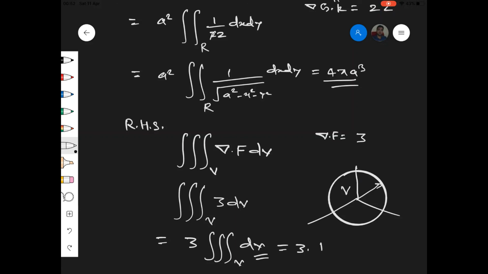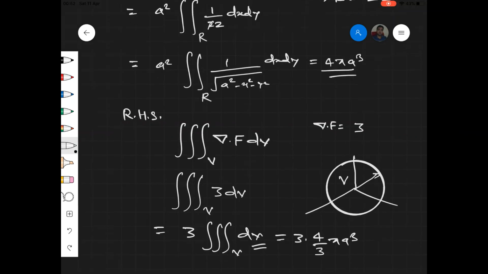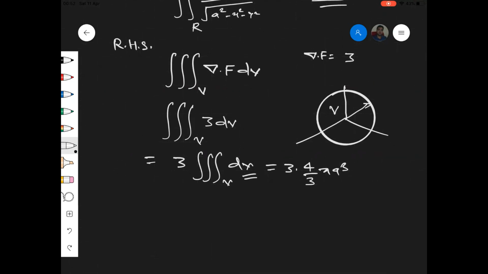So 3 times the volume of the sphere, which is 4 by 3 pi a cube, turns out to be 4 pi a cube. So in this case we saw the LHS came out to be equal to the RHS, and this completes the verification of the Gauss Divergence Theorem.